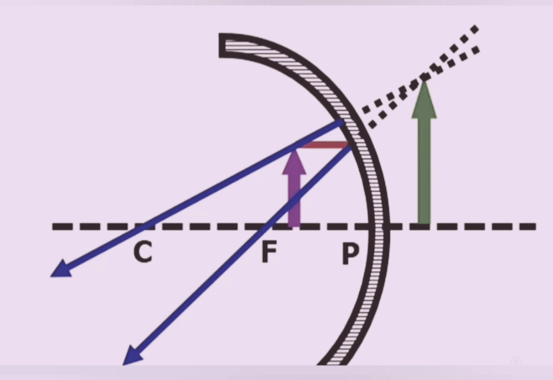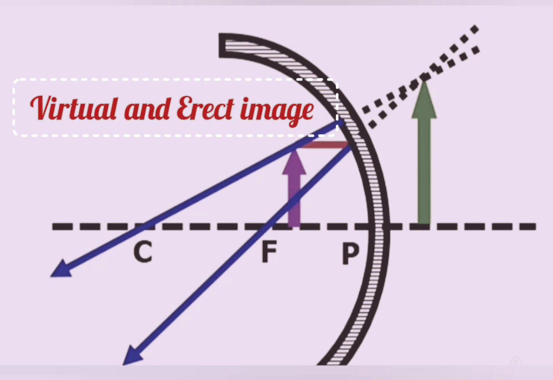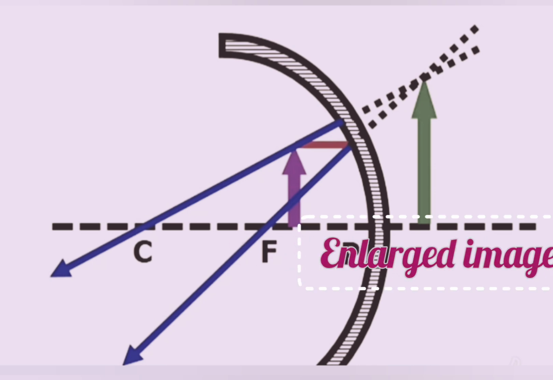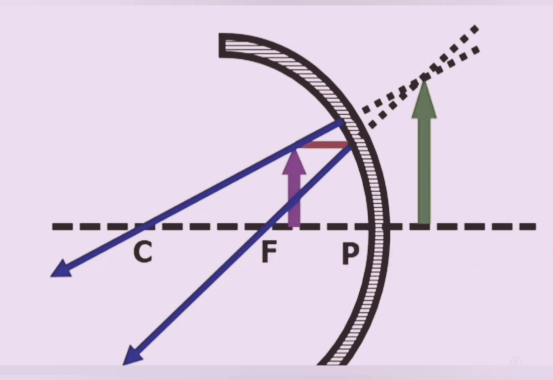Now the image is formed on the right side of the mirror, which means this is a virtual image. Virtual and direct image. Observe the size of the object and size of the image. Compared to the size of the object, the size of the image is large. It's a little bit big. That means the size of the image is enlarged. So in the sixth ray diagram, we are keeping the object between pole and focus.